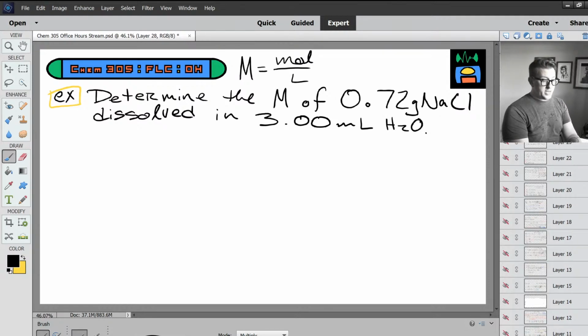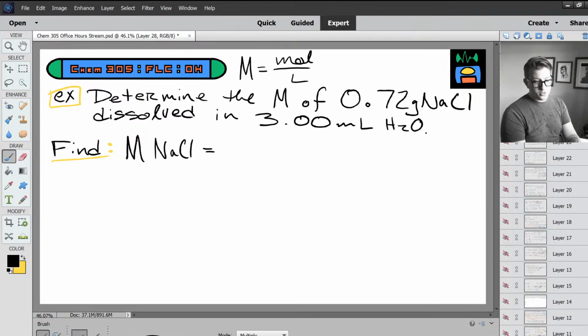All right, so here we are trying to find the molarity of our sodium chloride solution, and we know that that's equal to the moles of sodium chloride divided by the volume in liters. So we've got to do two things.